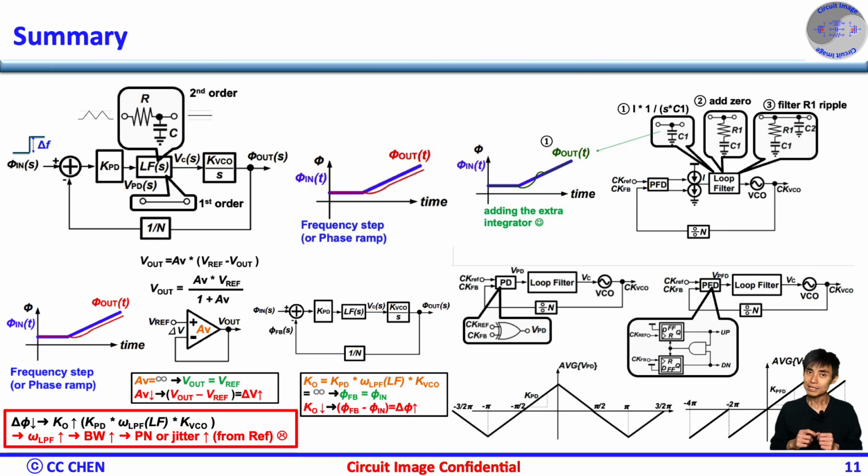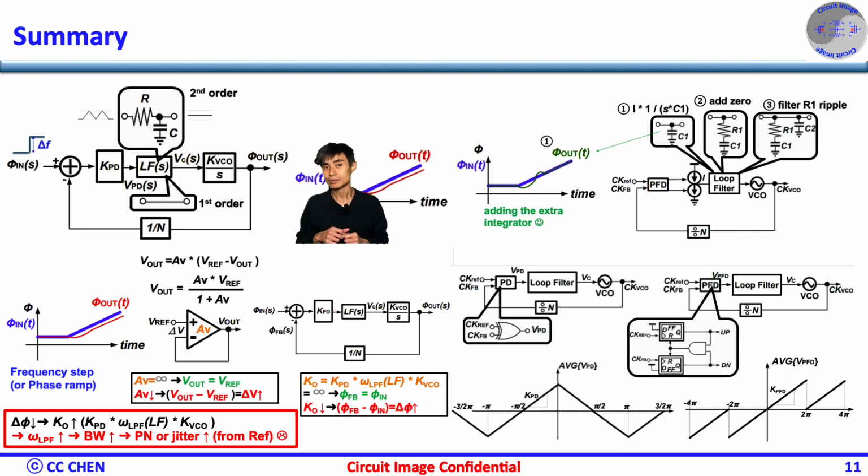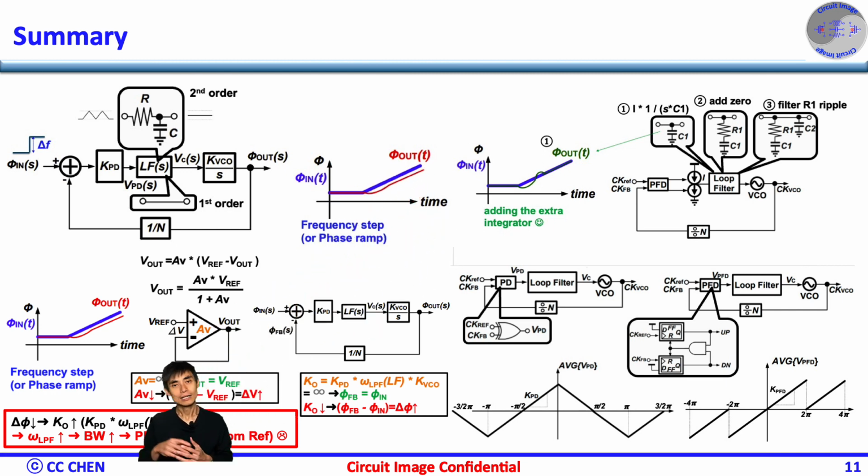Here is the summary of why the Type 2 PLL is more popular than the Type 1 PLL nowadays. There are so many topologies of PLL, but the fundamental types of PLL are the same. First, the steady-state phase error still exists in Type 1 PLL if there's a frequency step at the input. Second, we can maximize the loop gain to reduce the phase error between the reference and feedback clock.